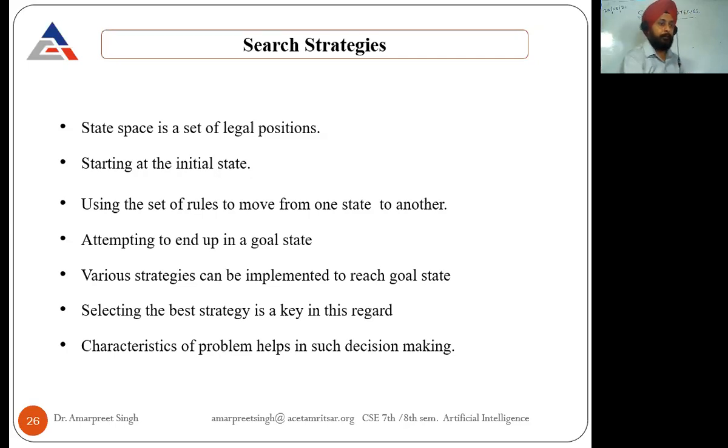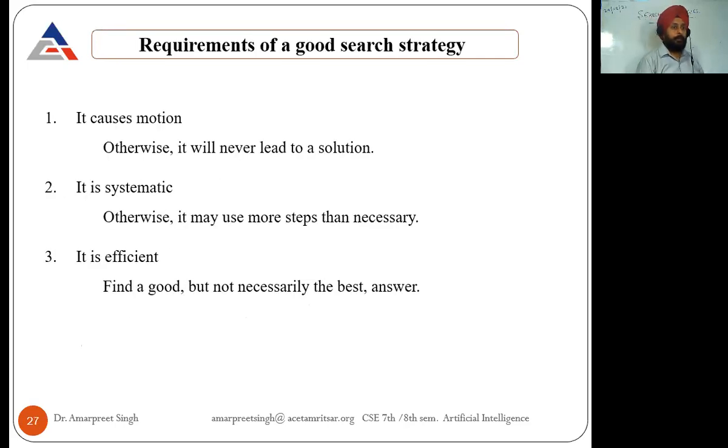It is very important. Next. So what is a good strategy? Many strategies are available, so what are the characteristics of a good search strategy? First, it causes motion. Whatever step you take, it should change the state, and that state should be in the direction of the goal state.